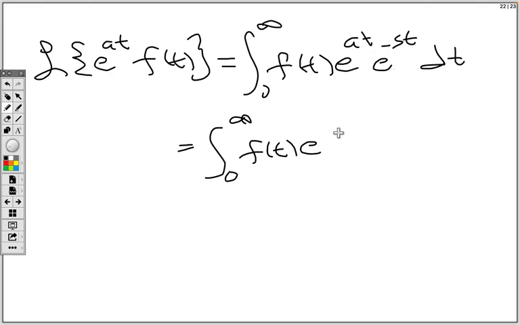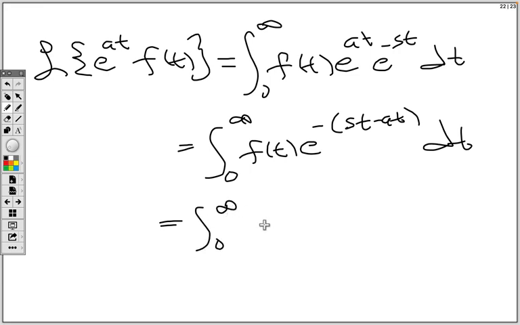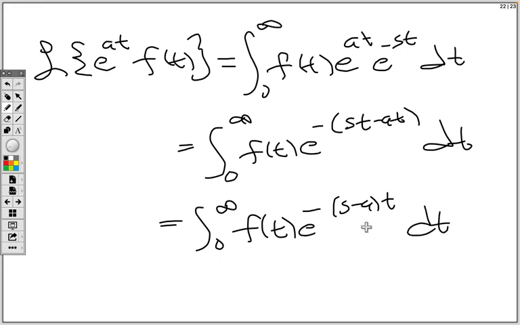So if I factor out a minus, I'm going to get s t minus a t, dt, and I factor out a t. And by golly, this is the Laplace transform, except instead of having an s multiplied there, I have an s minus a.